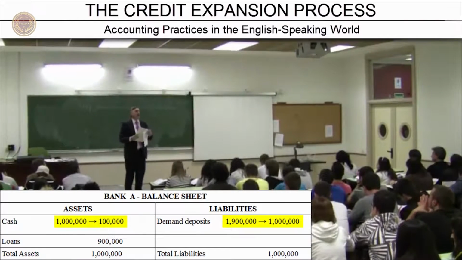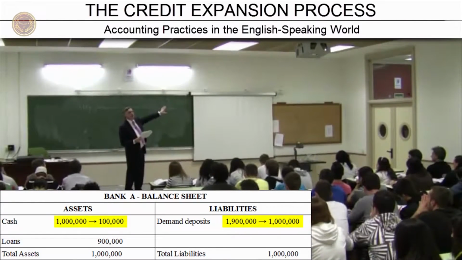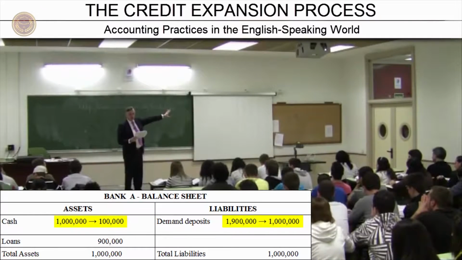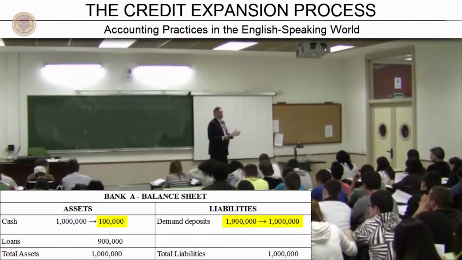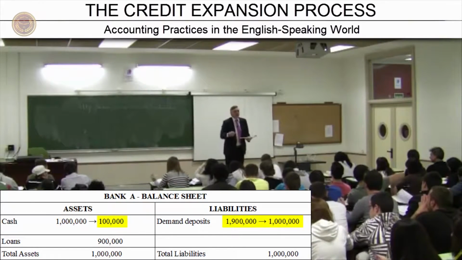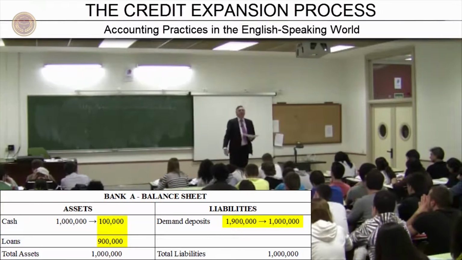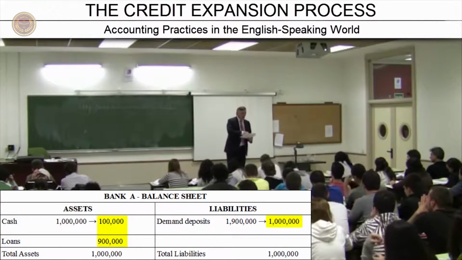Once the borrower, who has received 900,000, has written several checks totaling 900,000 and has taken the money out of the bank, only 100,000 is left in cash in the bank's vault, and entries are made for 900,000 in loans and 1 million in demand deposits.